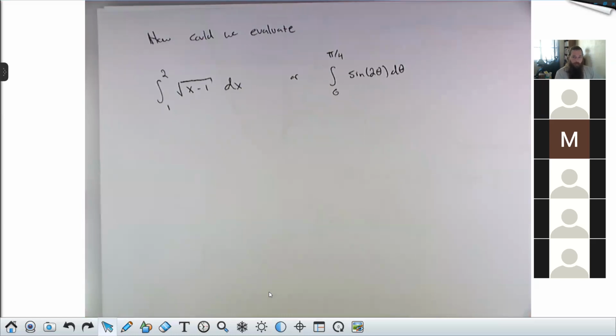In theory, if you wanted to, you could set up Riemann sums for these. But like I said earlier, no more Riemann sums. You don't want to do it, and it's not nice. When you get down to it, the Riemann sums for both of these aren't going to be things you can compute nicely, because you won't get a nice summation formula for the square root of anything or the sine of anything. But also, these don't fit into any of our known antiderivatives.